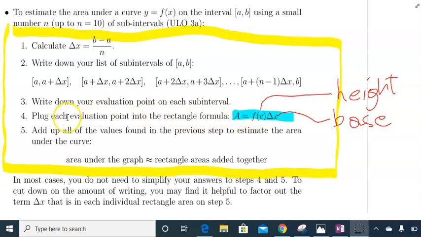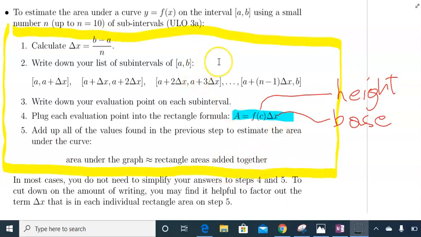And so we're going to plug each evaluation point into the rectangle, and our area will be equal to f of c times delta x, where f of c is our height, delta x is our base. And then we add up all the values found in step 4 to estimate the area under the curve. So the area under the curve will be estimated by summing the areas of the rectangles, right?